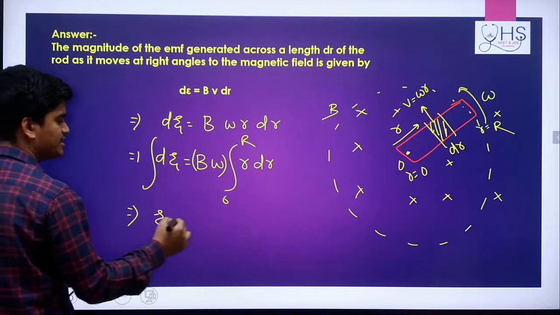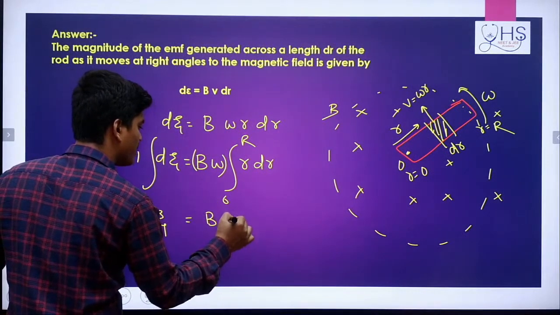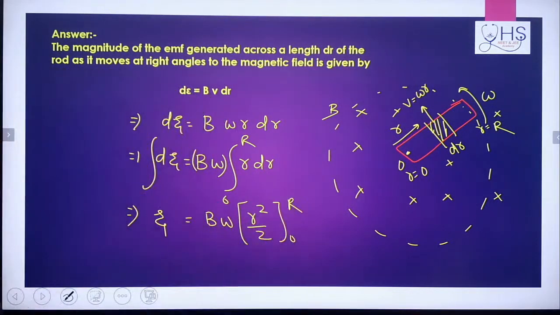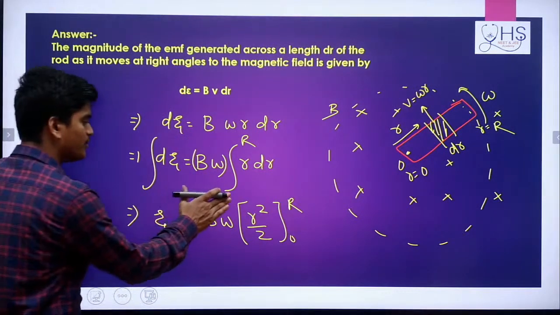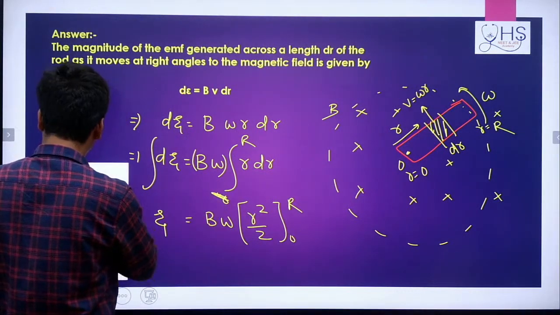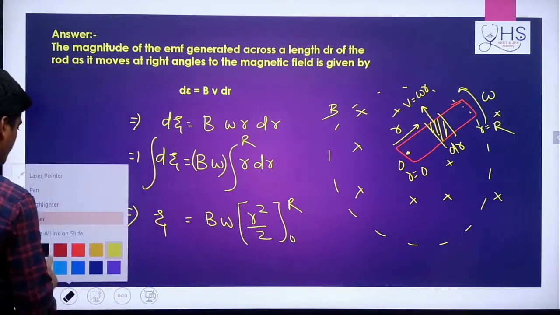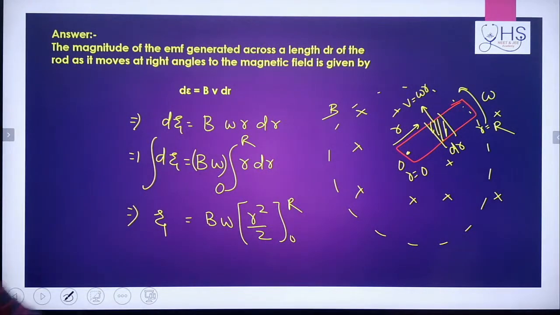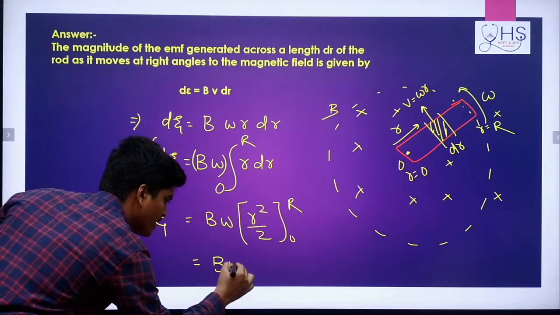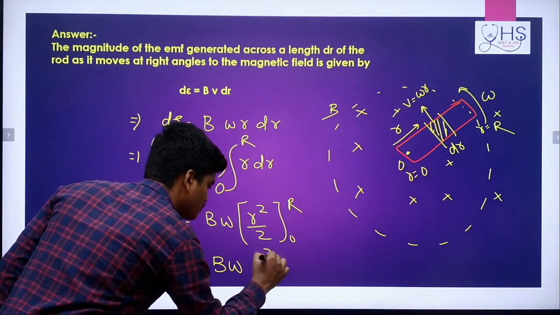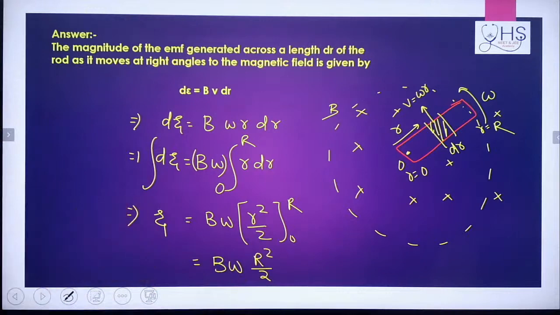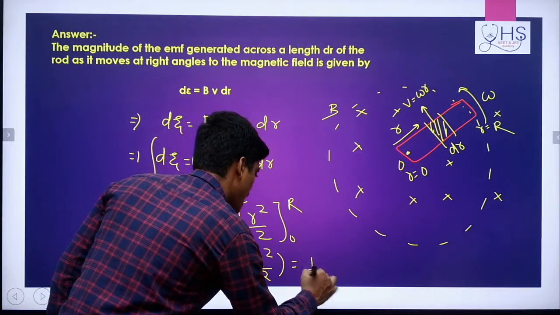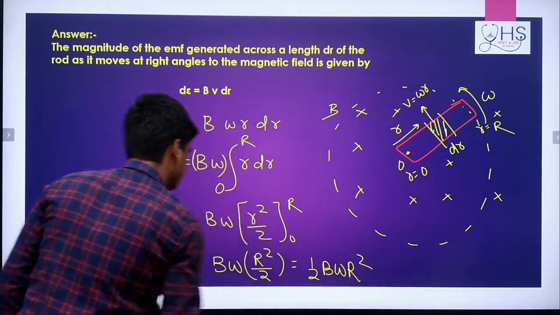So the total EMF is B omega times r square by 2, from 0 to R. The lower limit is 0 and the upper limit is capital R, because small r changes from 0 to capital R. If you substitute the upper limit, you will get B omega times R square by 2, and minus 0 square by 2, no need to include. So writing it correctly, you will get half B omega R square.